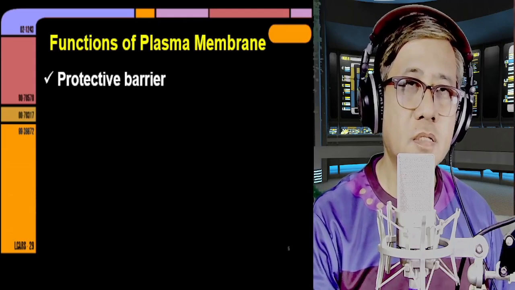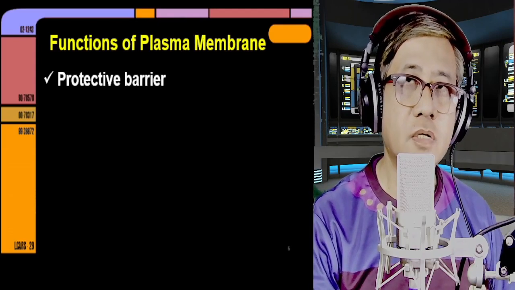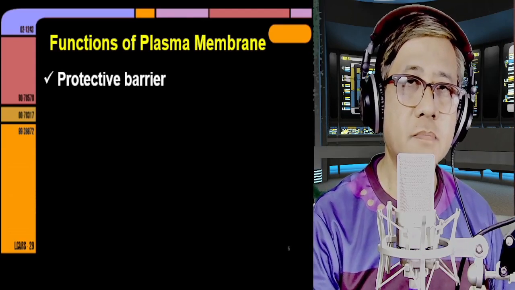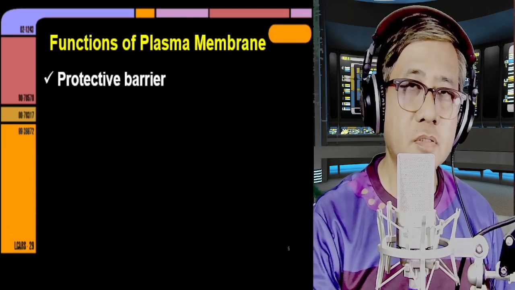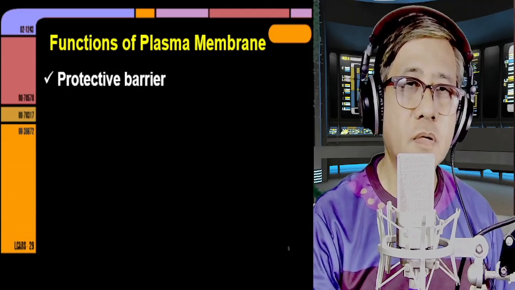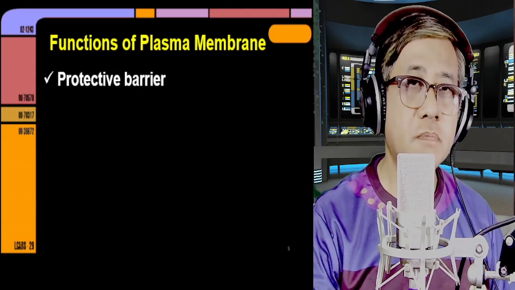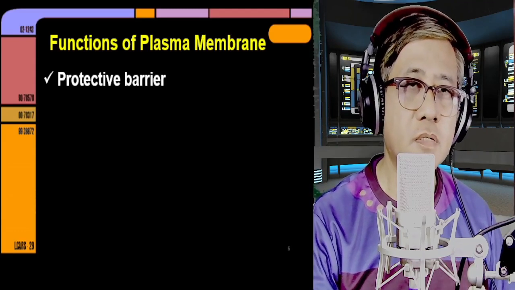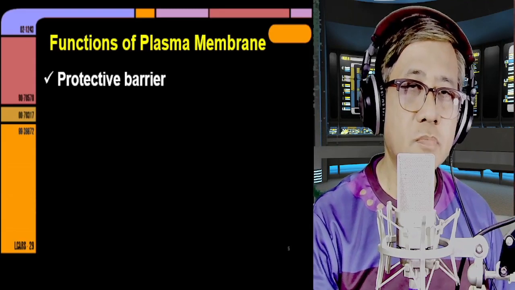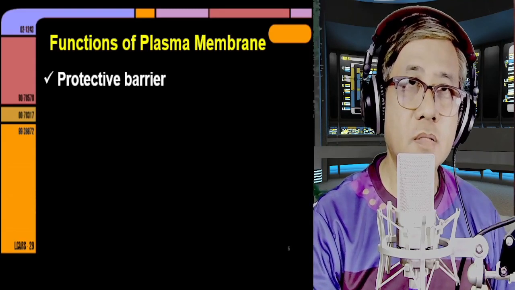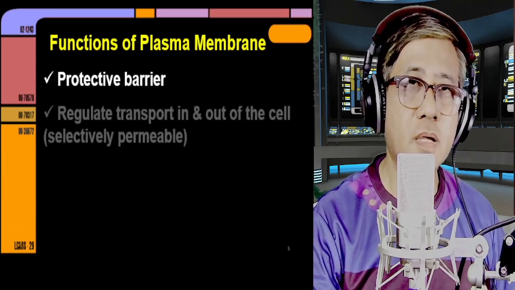Just like the outer layer of your skin or the epidermis that separates your body from the environment, the cell membrane separates the inner content of the cell from its exterior environment. This cell membrane provides a protective barrier around the cell and regulates which materials can pass in and out. So that's what we meant by being a protective barrier.